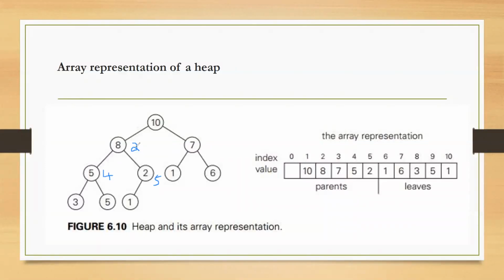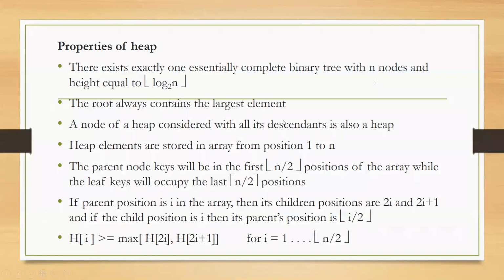That is how we can calculate. If you know the index of the child, you can get the index of the parent, just divide it by 2. If the child position is i, then its parent position is floor of i by 2.